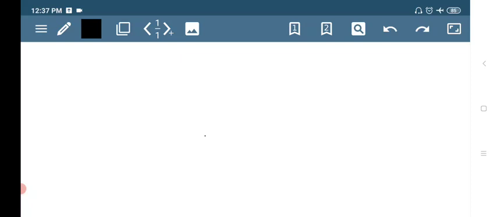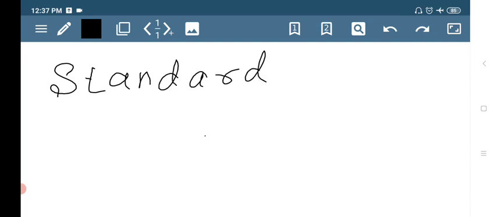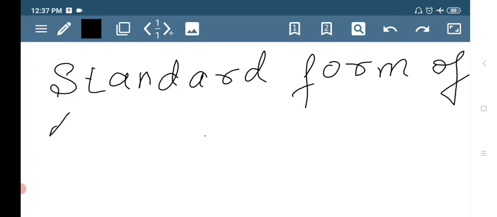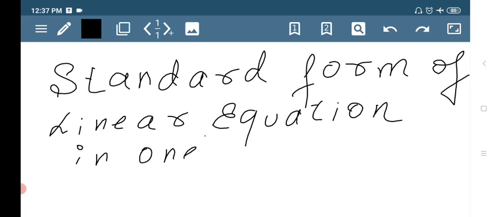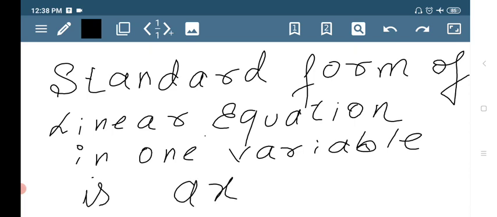So, dear students, the standard form of a linear equation in one variable is given as ax plus b is equals to 0.